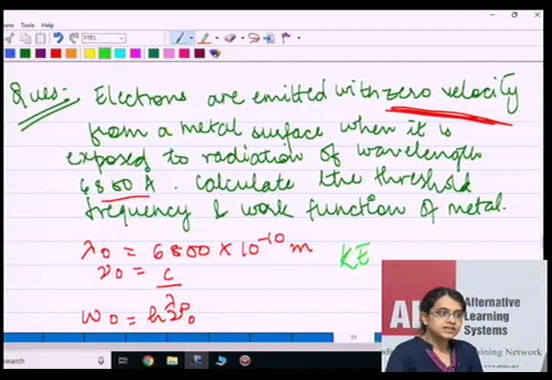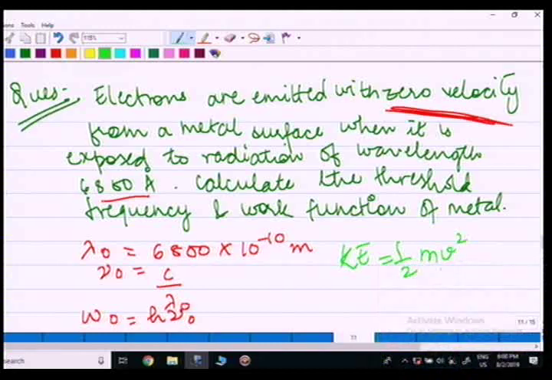Kinetic energy is actually half mv square. You're given that the velocity here is 0, which means that the kinetic energy is 0. So if you have a metal like this, light is coming in, electron is being ejected, but it's just staying there stationary. Okay?